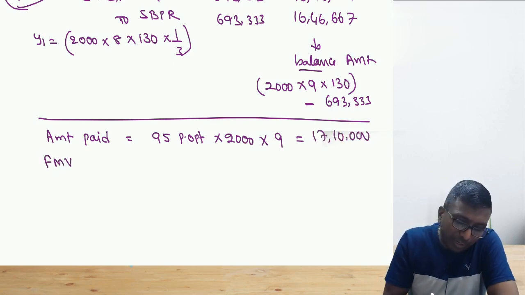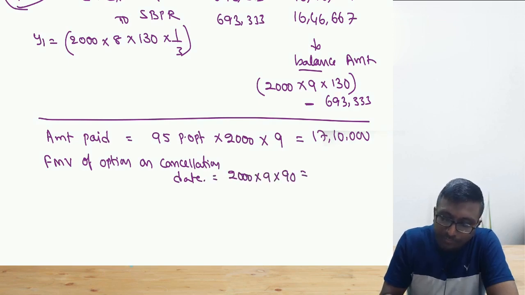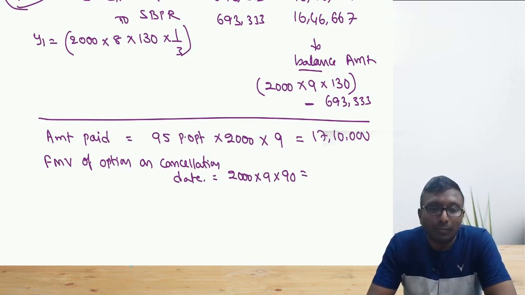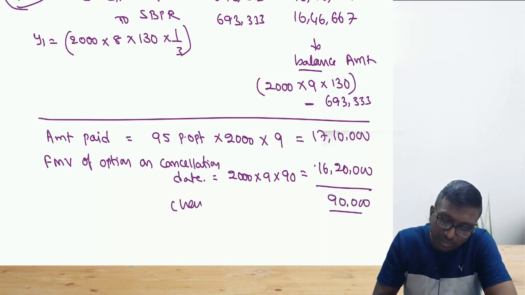Next, fair market value of option on cancellation date. Yeah, same 2000 into 9 into 90. 16 lakh 20,000. That means 90,000 rupees charge as employee benefit expense.